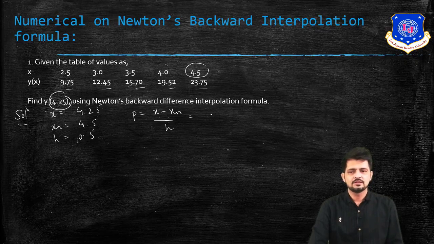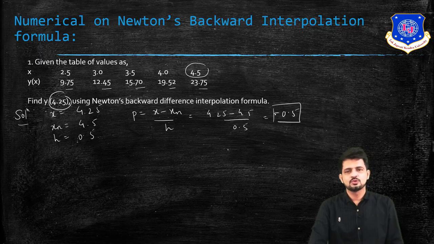Now placing these values, I can write here 4.25 minus 4.5 divided by 0.5, and this will give me minus 0.5. So p is equal to minus 0.5.